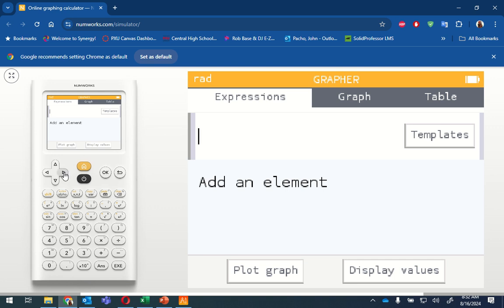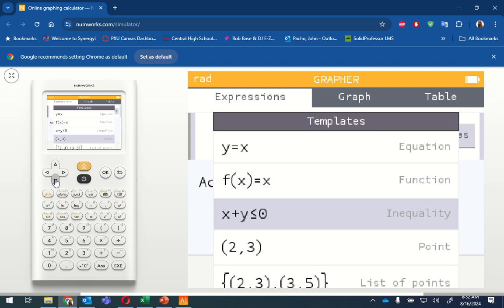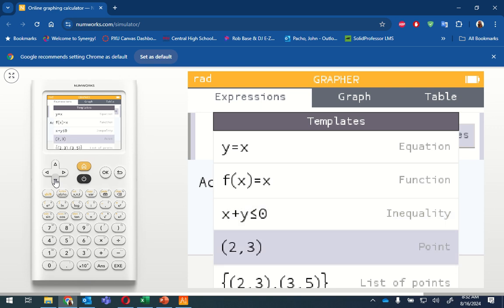There's templates. So I didn't have it anywhere in these templates. Function.